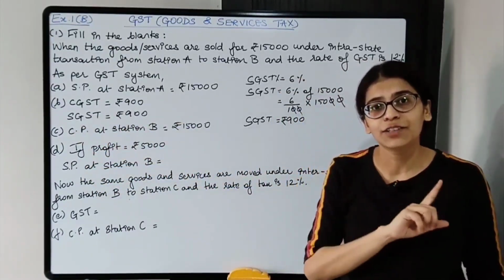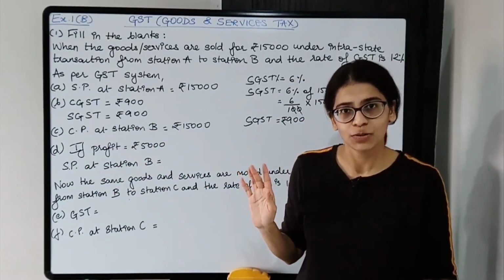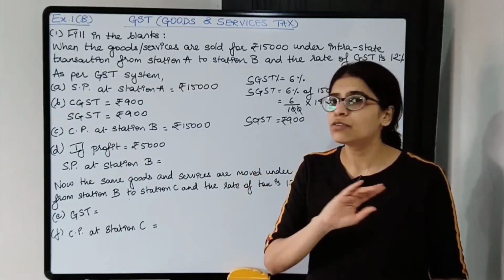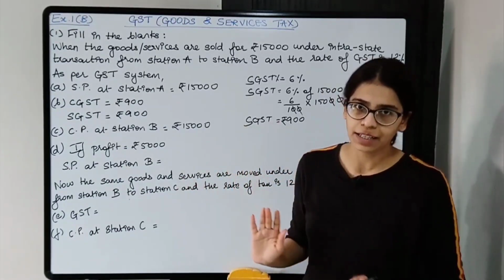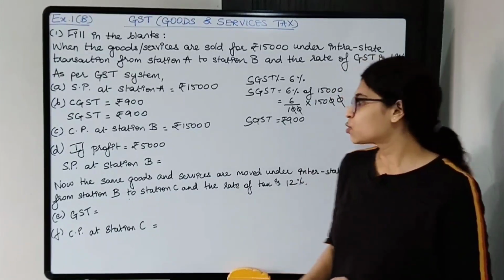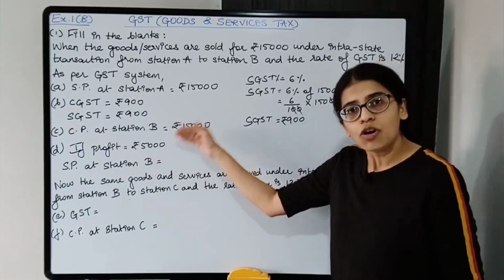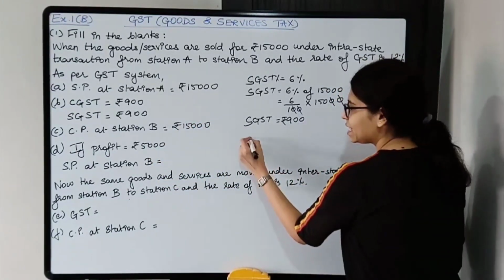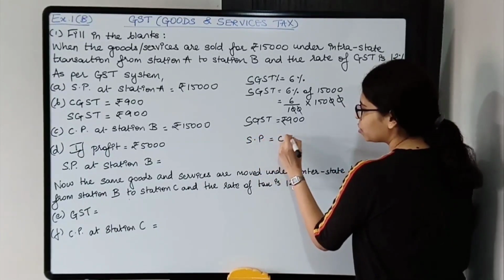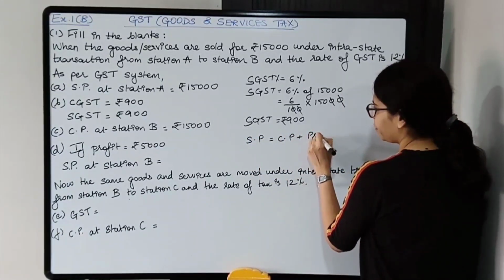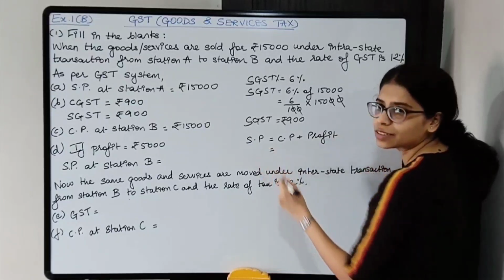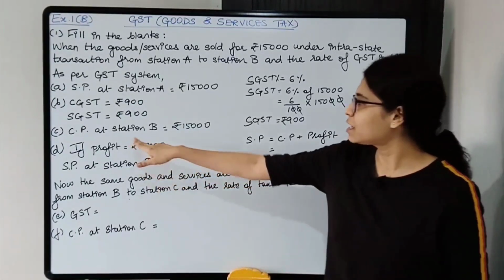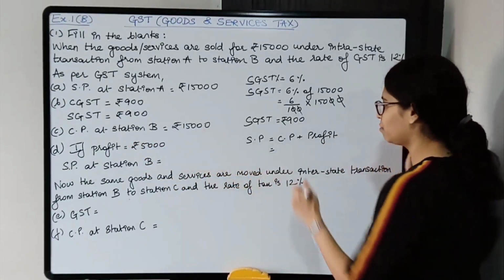In selling price, again you are not going to include GST. Okay, so for selling price and cost price, no GST. It will be separately calculated. Okay, so it will be cost price plus the profit. Selling price is cost price plus the profit. This formula you have learnt in lower classes, है ना? Cost price at station B कितना था? 15,000.